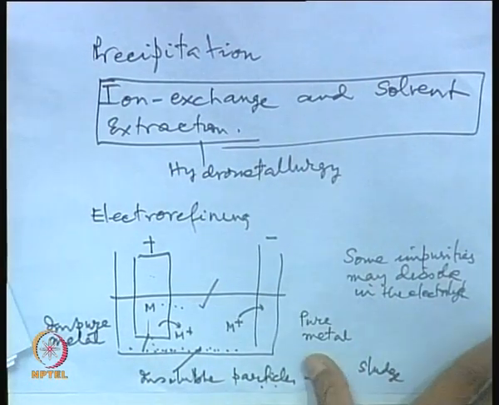So, these are some of the chemical methods. Now, before I go into solvent extraction and electrorefining, let me discuss a very interesting method which comes under the class of vapor transport processes.